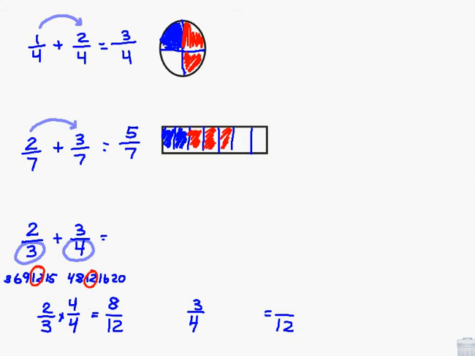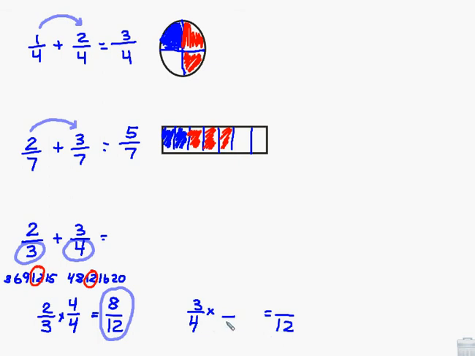And let's just circle this so we remember. And then let's look at this fraction over here. We need to figure out how many twelfths 3/4 is equal to. 4 times what number is going to give me 12?